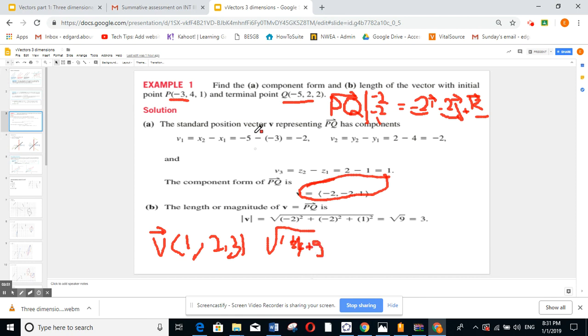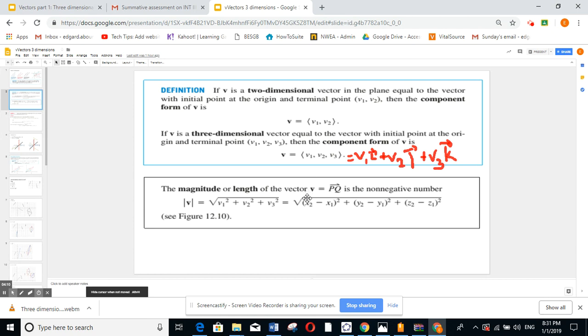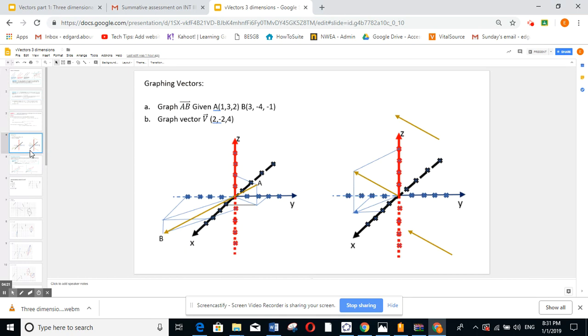But if you have two points, you must first find the components of the vector, like we did here: xq minus xp, yq minus yp, zq minus zp, the z of the terminal point minus the z of the first point, and then you square the answers. However, you can do it this way, or you can do it before, and then you do the root of v1 squared plus v2 squared plus v3 squared. It depends on what you want to do.